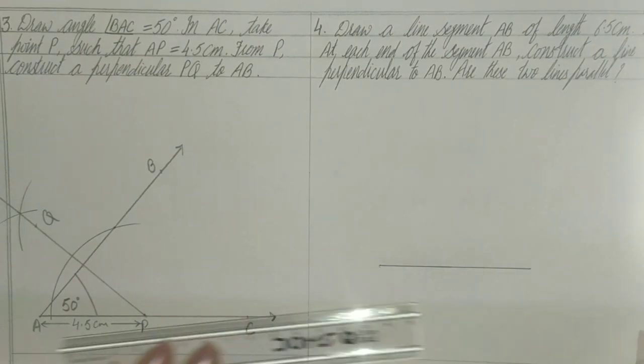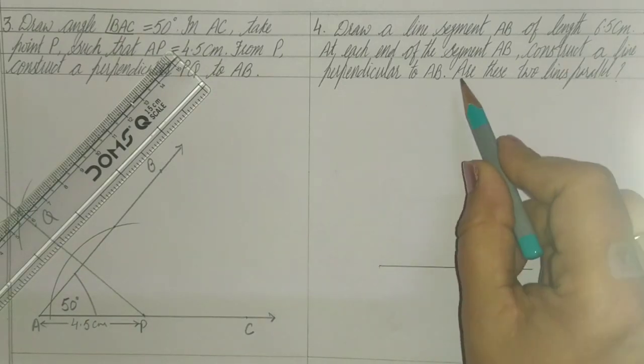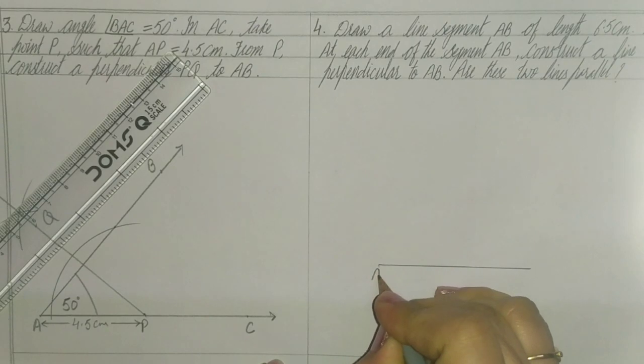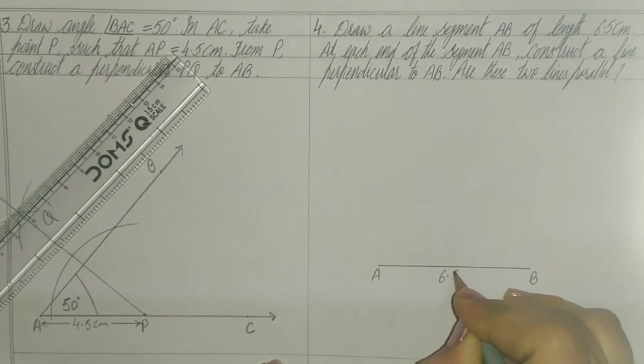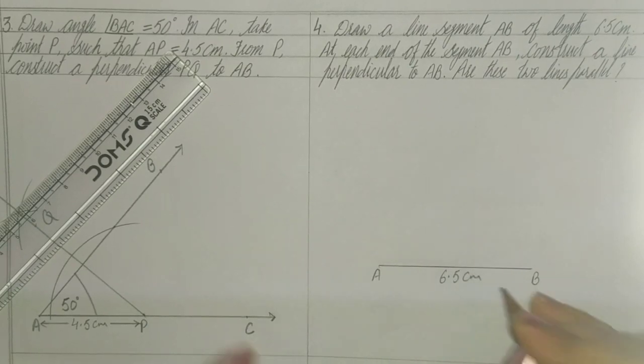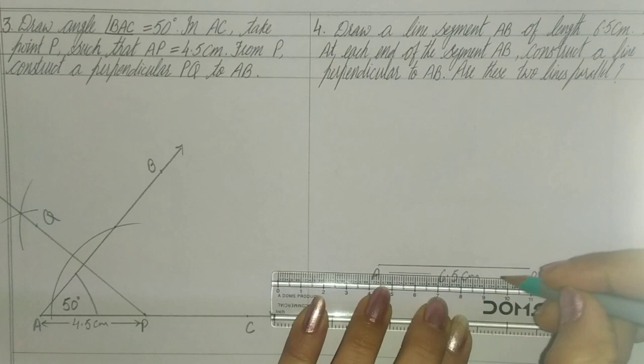Okay. Next, label it as AB and mention the length of the segment, that is 6.5 centimeter.